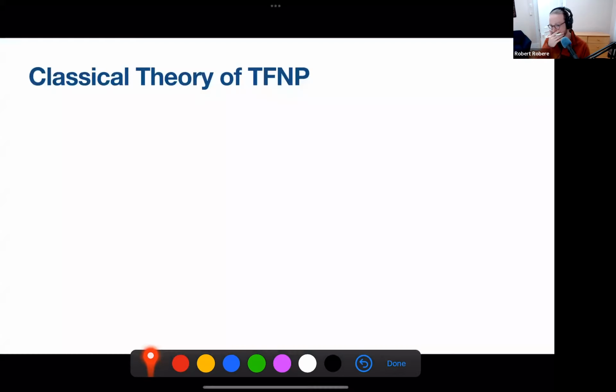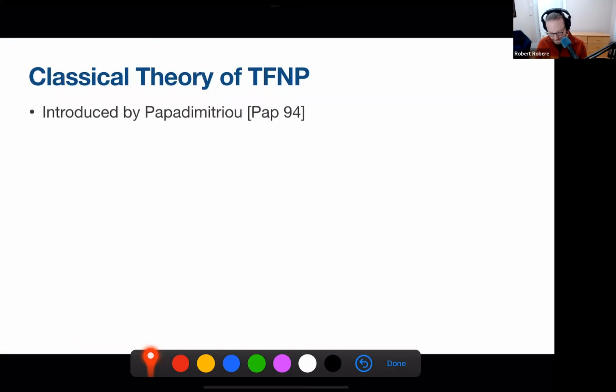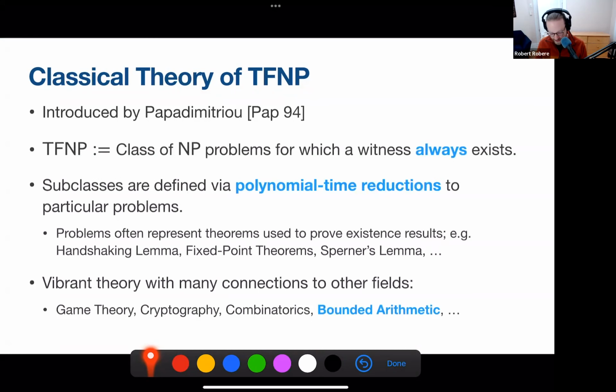Okay, cool. So in my last couple minutes, I'll try and sketch this general TFNP program. This classical theory of TFNP we saw yesterday a little bit in Neil and Sam's talk. It is in the classical complexity setting where everything is in the realm of Turing machines.